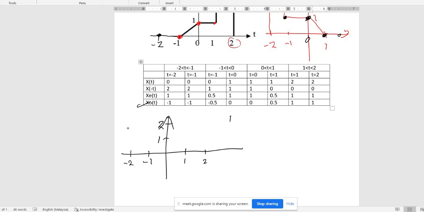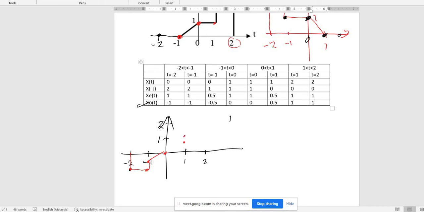Okay, so negative 1, negative 1, and then negative 0.5, and then 0. Okay, so you draw like this. After that, you have 0 and positive 0.5.